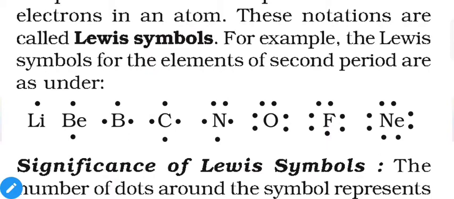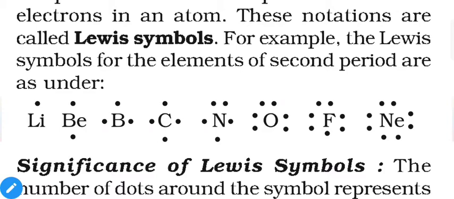For example, the Lewis symbols for the elements of the second period are as under. Note here we have lithium to neon, and we know that they contain more electrons than shown in this representation. Lithium contains a total of 3 electrons because its electronic configuration is 1s2 2s1, and the atomic number of lithium is 3.